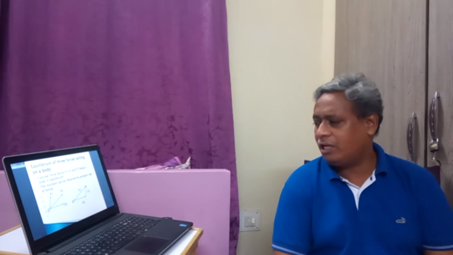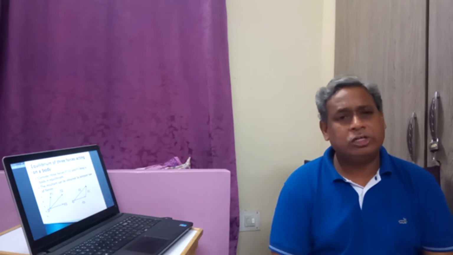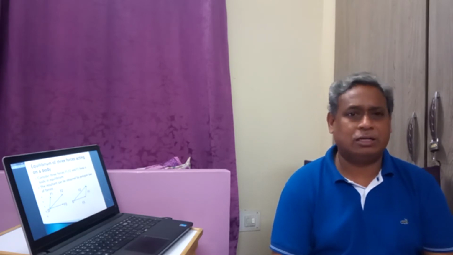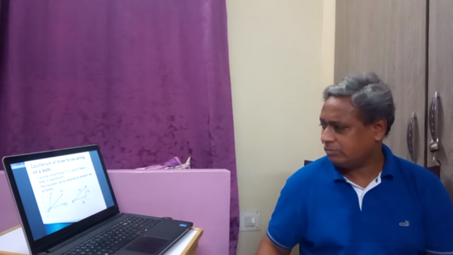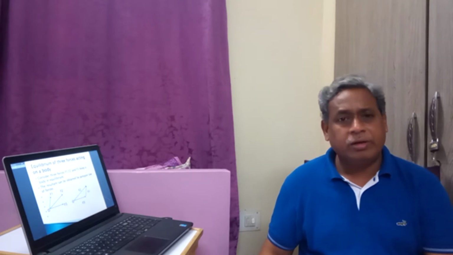So here there are three forces plus the resultant. It should make the polygon into a quadrilateral because there are three forces and the fourth one is the resultant. Since the three forces are represented here in the second figure as the sides of a triangle taken in order, they are forming a triangle.